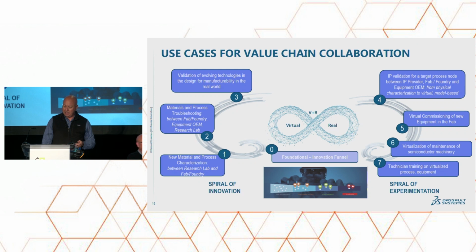So there are many use cases for value chain collaboration using virtual twins. For example, we're partnered with Lam Research to combine our virtual twin modeling and simulation solutions with their Simulator 3D to tackle etch and deposition, process modeling, and optimization.